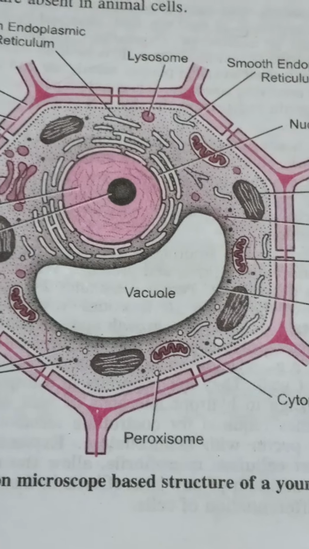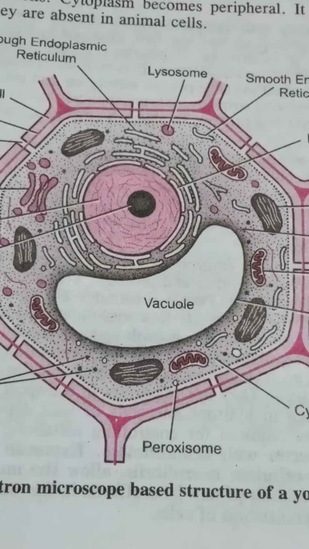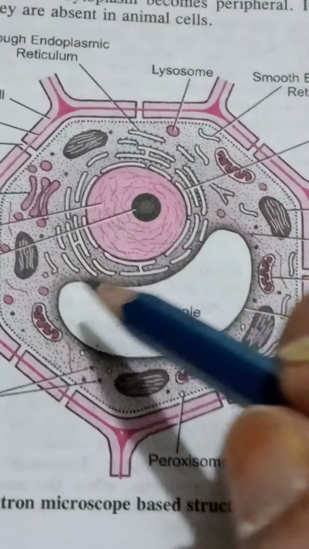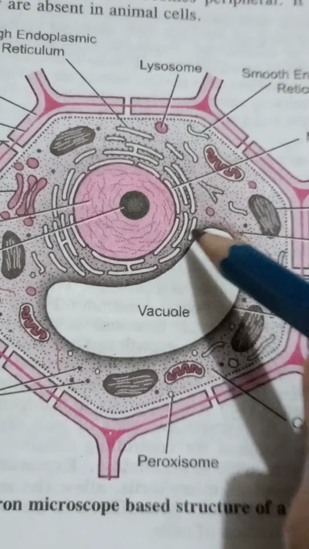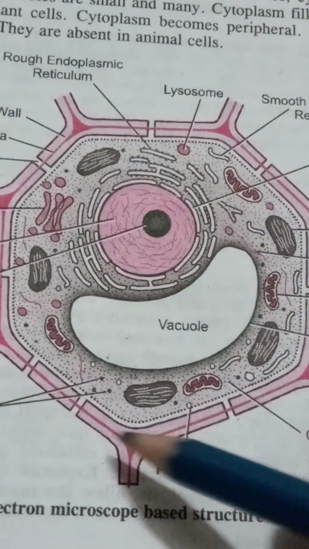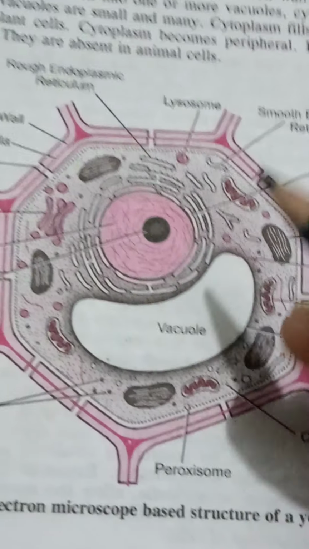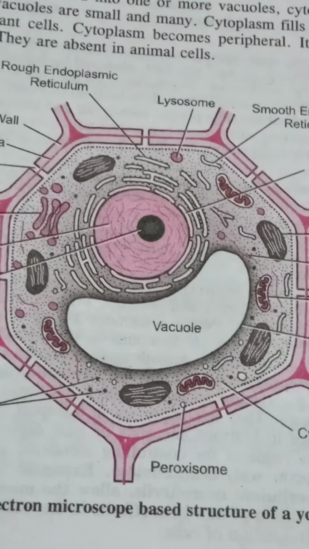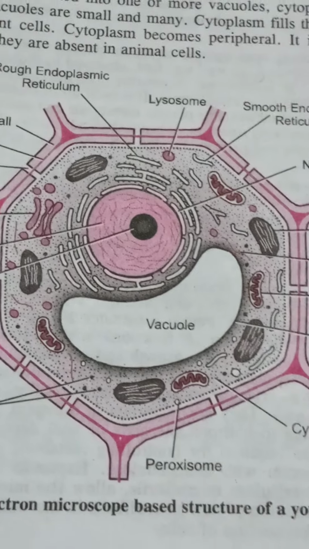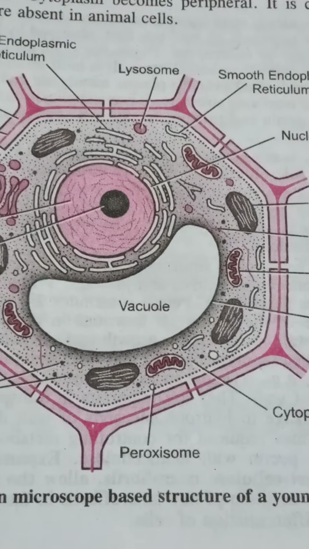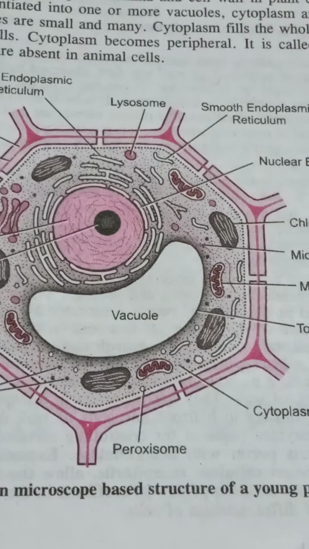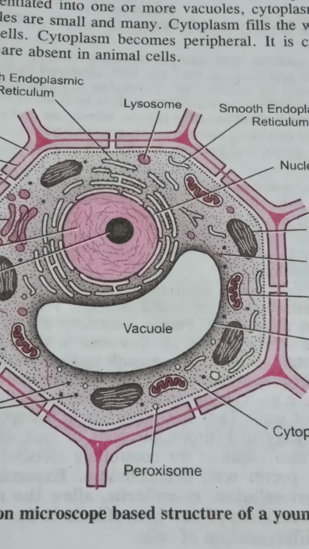It is a three-dimensional, complicated and interconnected system of membrane-lined channels. That means these are channels lying scattered in the cytoplasm, and so we consider it to be the skeleton. That means it is responsible for the proper structure of the cell. That's why we consider it the skeleton.